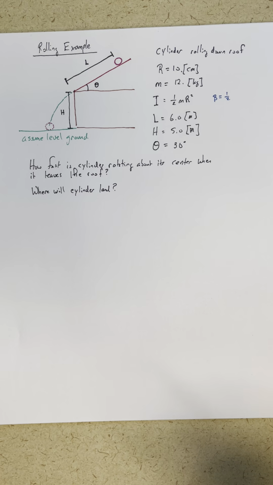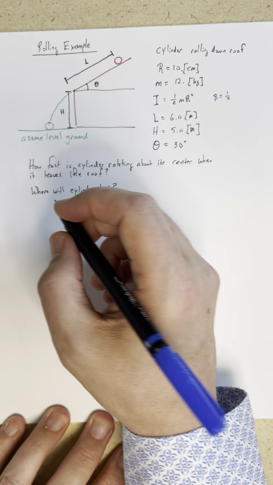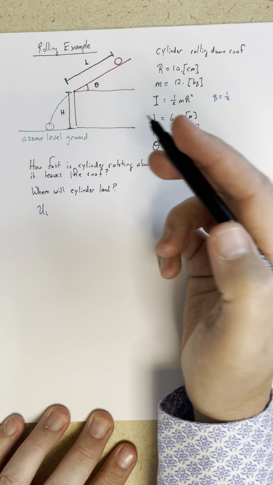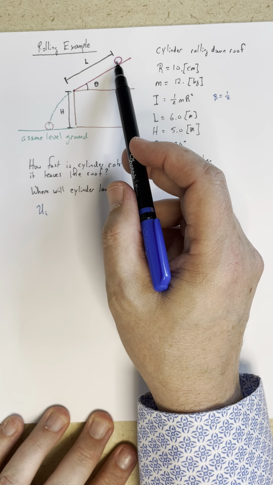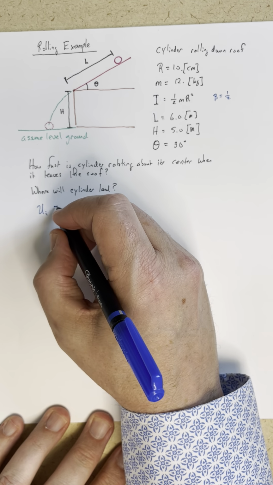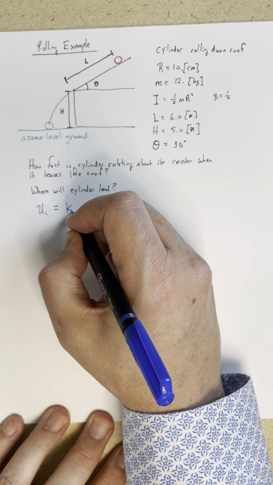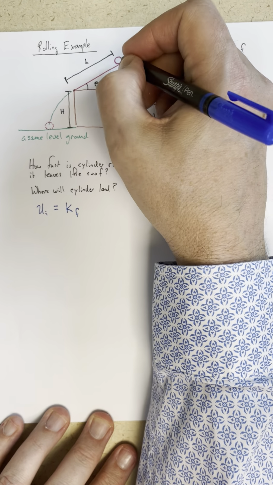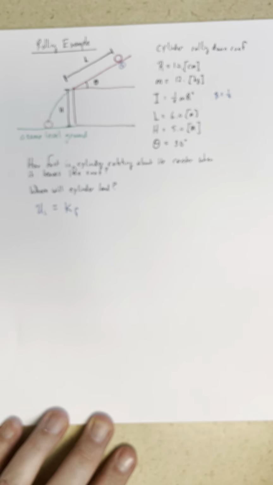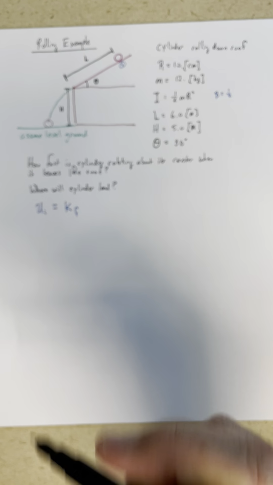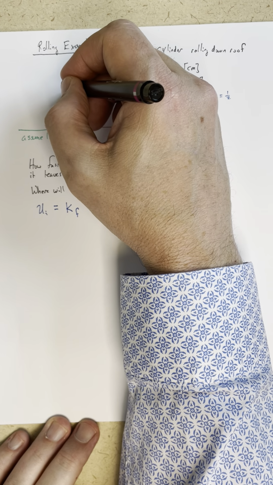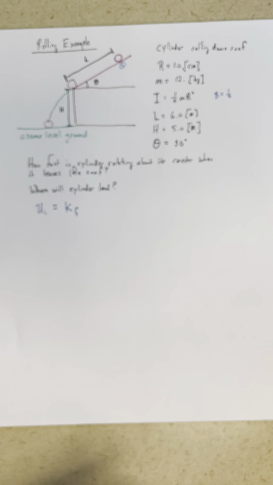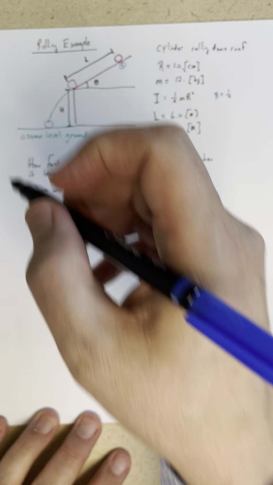So proceeding from conservation of energy, all the gravitational potential energy in the initial state when it's at rest is going to be kinetic energy in the final state. And so I'm calling when it's there as initial, and when the cylinder is about to break contact with the roof, that's what I'm taking to be the final state.